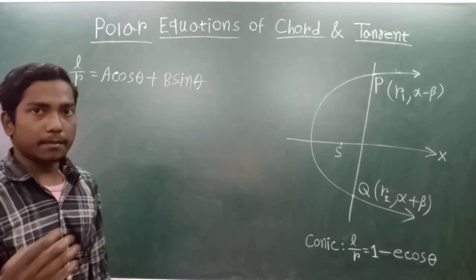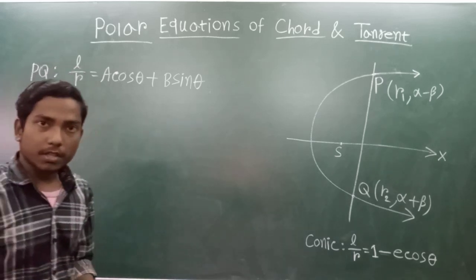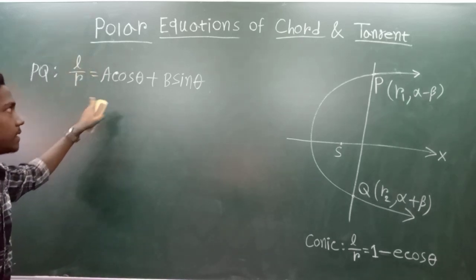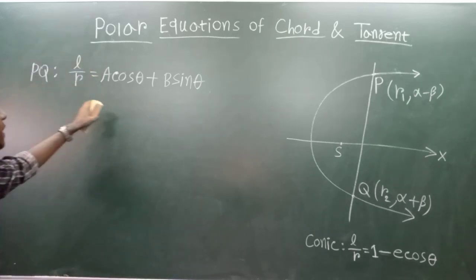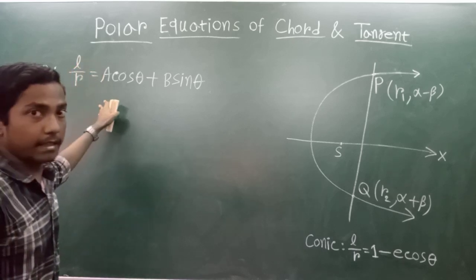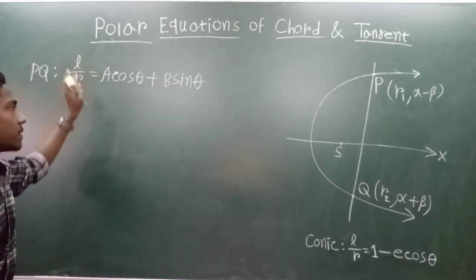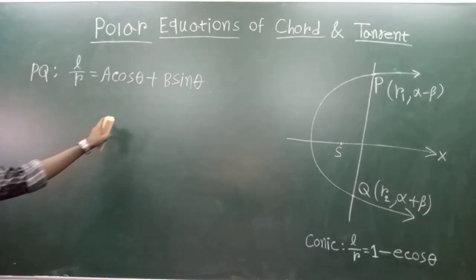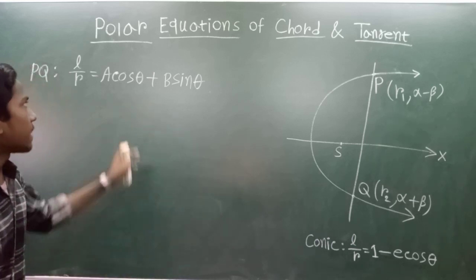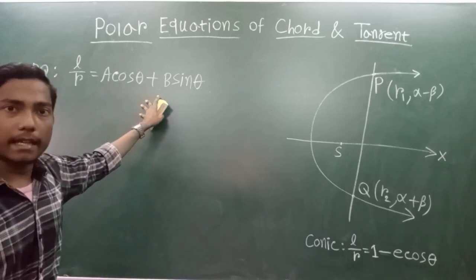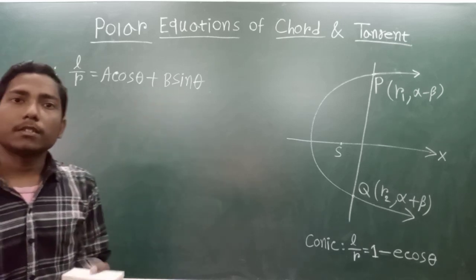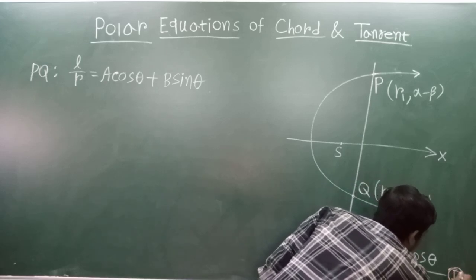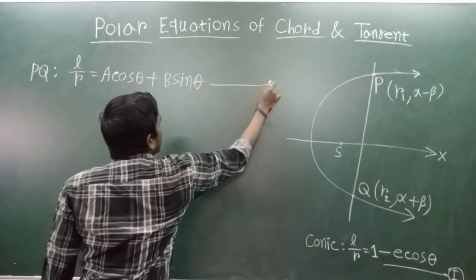If you remember, in my lecture number 3, when we derived the equation of a straight line in polar form, I told you that this is the general form of the equation of a straight line, and here we write a constant, any constant depending upon the situation. So here we use this constant, where obviously l is the length of the semi-latus rectum of this conic. Now A and B are constants which are to be determined. If we can find the values of A and B and put them in this equation, we will be able to derive the equation of the chord. Say this is our equation 1 and this is our equation number 2.